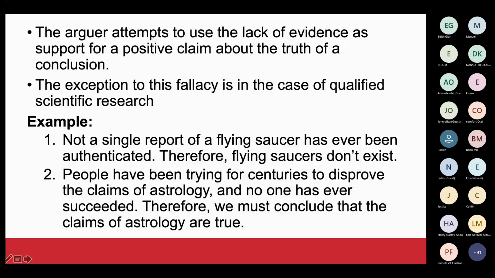The exception to this fallacy is in the case of qualified scientific research. Where the research has been conducted and we have not found it, we can report that it doesn't exist. But if it is not scientific research, then we cannot say that.